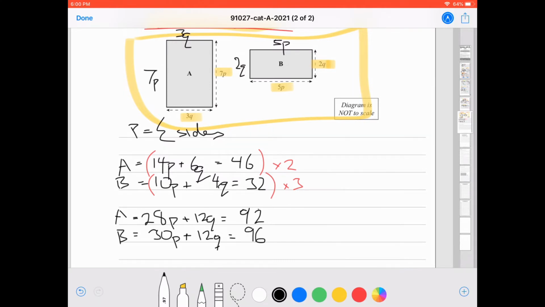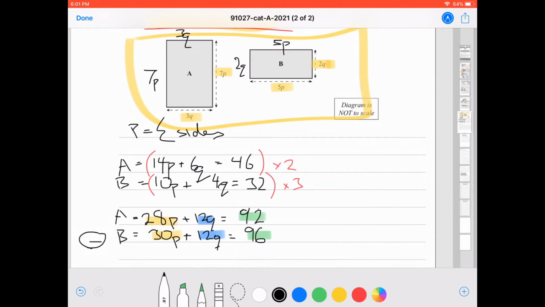At this point, remembering we're using the elimination method, we've got 12q for both equations. They're both positive, which means we are going to subtract our two equations. And so working in columns, so we've got our p's, we've got our q's, and our integers.